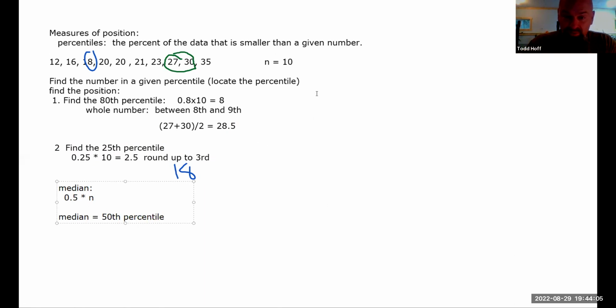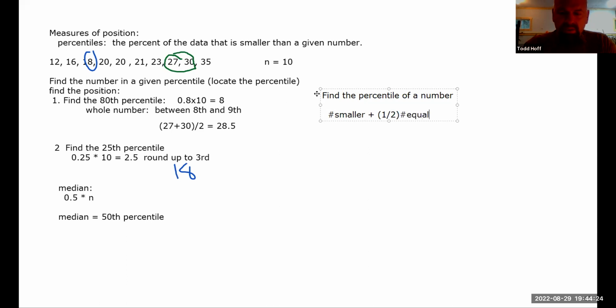If I want to find the percentile of a number, well, then I use a formula. That formula is the number that are smaller, plus 1/2 times the number that are equal, divided by the total, divided by n. So let's say I want to find the percentile of 23.